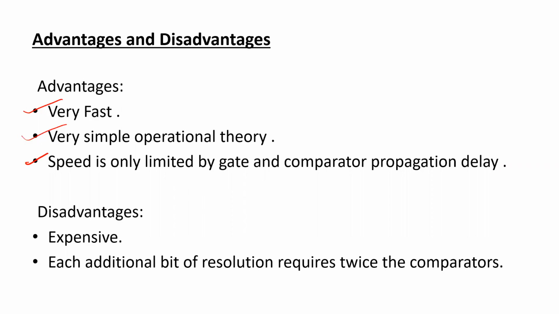Now, about disadvantages, you can suggest some of them yourself, because you have seen that for n bits of digital output, you need 2 to the power n number of resistors and 2 to the power n minus 1 number of comparators.